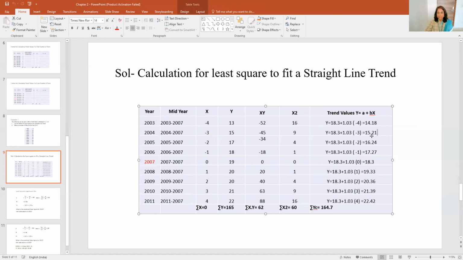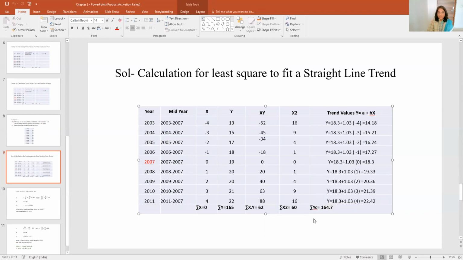So 14.18, 15.21, 16, and it keeps increasing. Now the checkpoint: the summation of Y should be equal to the sum of the trend values. When you add all those values, we got 164.7. I have considered only 2 decimal places, so there may be a slight difference, but it should be almost similar to the summation of Y.